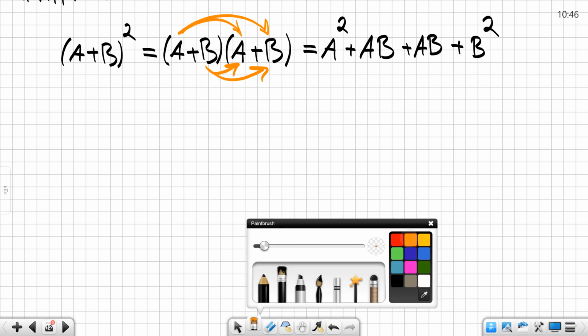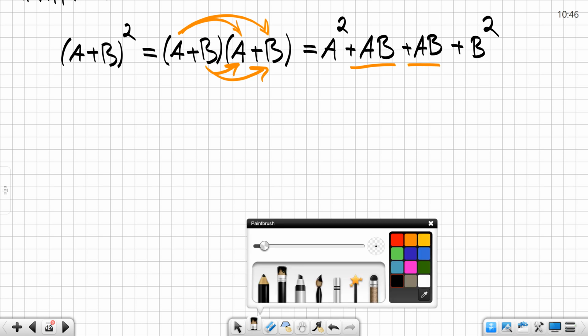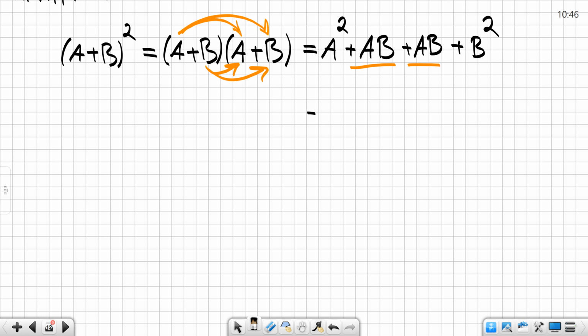And now what I have right here on the inside are 2 of the same terms. That means I can combine them. Now I have 1 apple, I add another apple. How many apples do I have? I have 2 of those. I have 2 a times b's plus b squared.